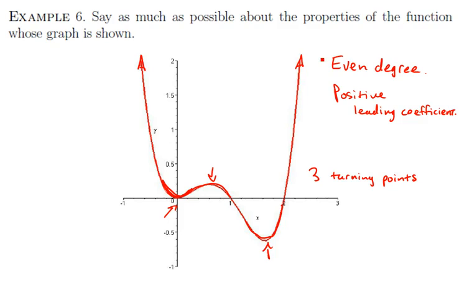And so since we've already noted that we have to have an even degree, it would be a reasonable guess for us to say that this is a degree 4 polynomial. And so based on the form of that graph, we'll call it a degree 4 polynomial, and as we noted here, that leading coefficient for that degree 4 term must be positive.